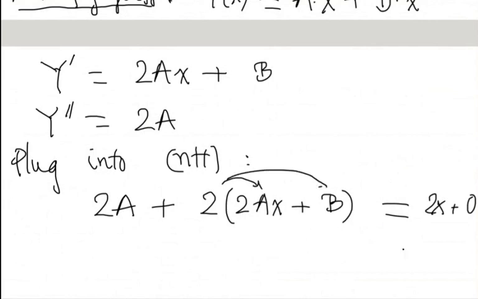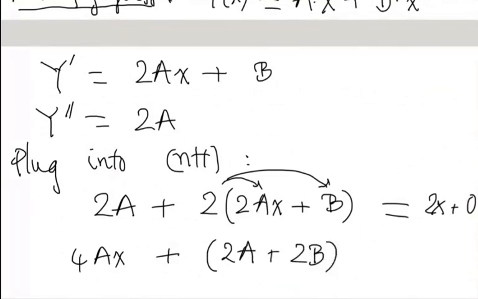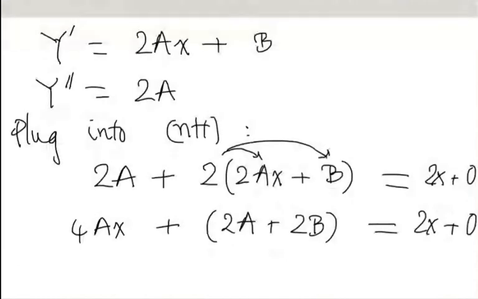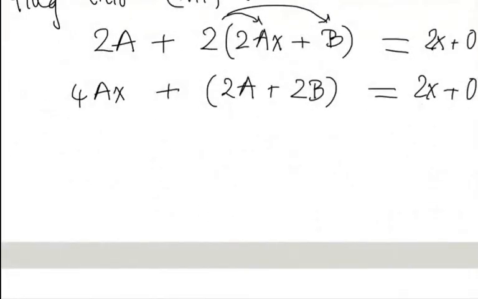Distribute and then collect like terms. So we have 4ax. I'm writing the terms with x first, and then we have the constant 2a plus 2b, left equal to 2x plus 0. Now we equate the coefficient. 4a is the coefficient of x and should be the same as 2.